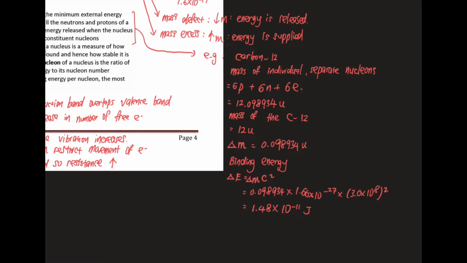And if you have one carbon-12 and you want to break the atom down into 6 protons, 6 neutrons, and 6 electrons, then this amount of energy is absorbed. That is the idea of binding energy.